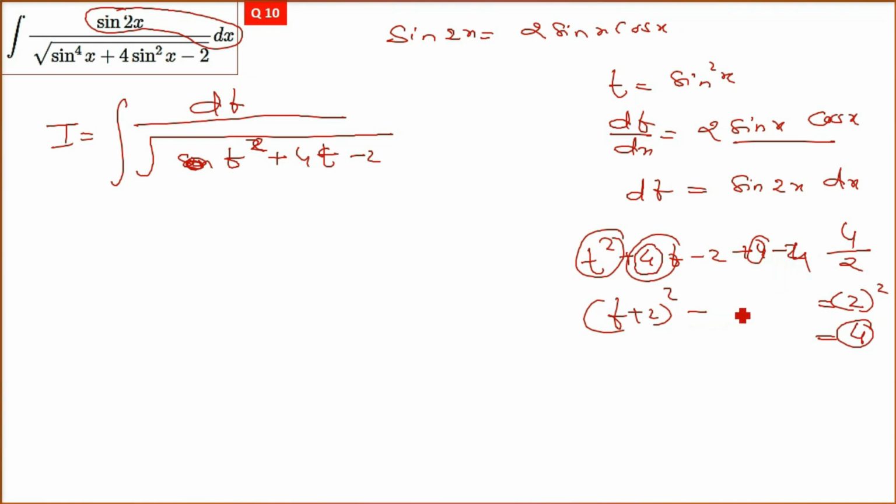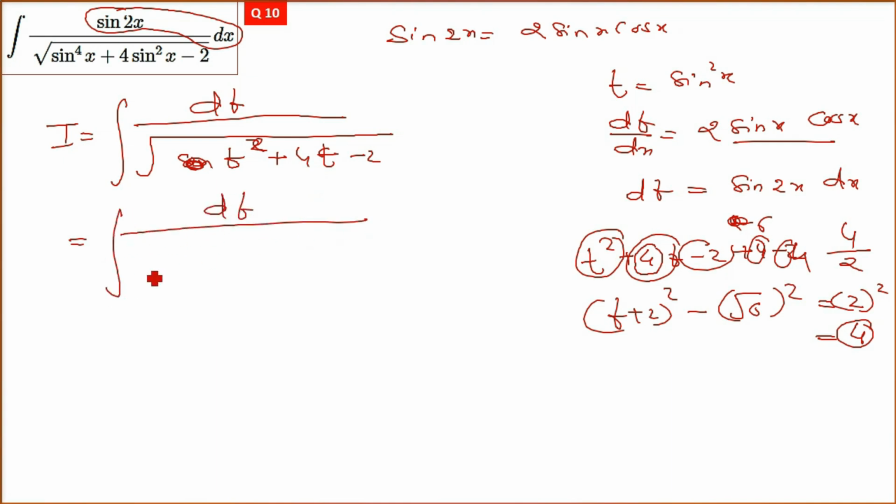In order to make it a perfect square, you have to take the root of 6. Negative is already there. So under root 6 whole square we can write. So this can be written like this: integration of dt by under root of t plus 2 whole square minus under root 6 whole square. So we'll apply the formula now.